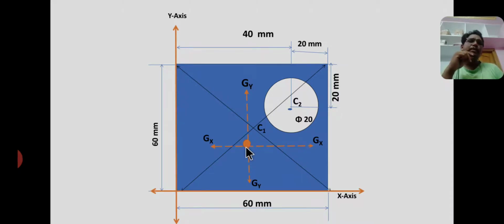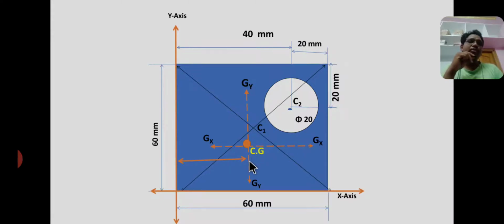Now this is CZ, the position of the centroid. CZ is the final position of the centroid of the entire section. C1, C2 are the individual centroids, whereas CZ is the centroid of the entire composite section.